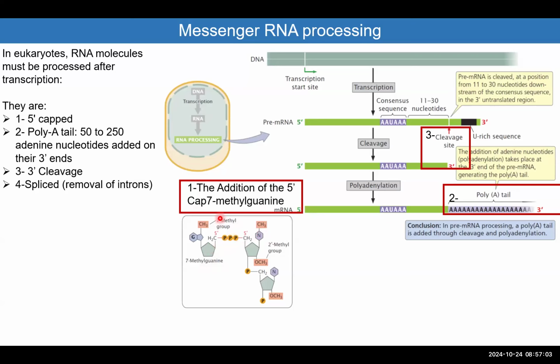And I don't really expect you to know this structure or the name. I want you to know that there is a capping that's taking place at the 5' end. I don't want you to memorize this.